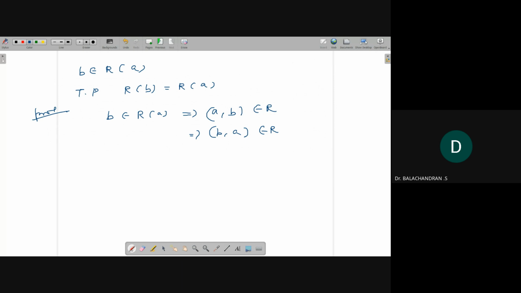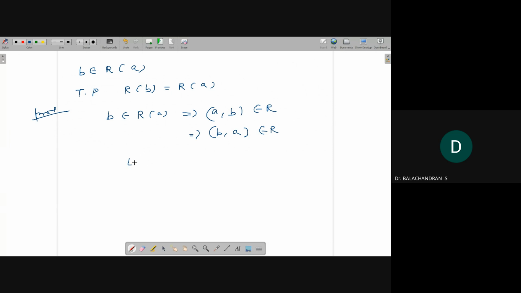Next, I'll take some arbitrary element C in the left hand side. So let us take C as an element of R of B. C belongs to R of B means B comma C in R.